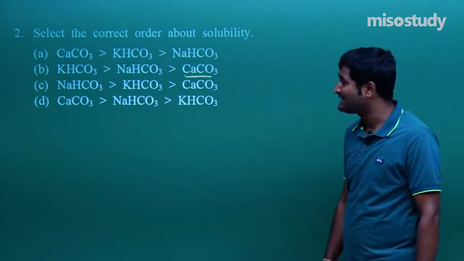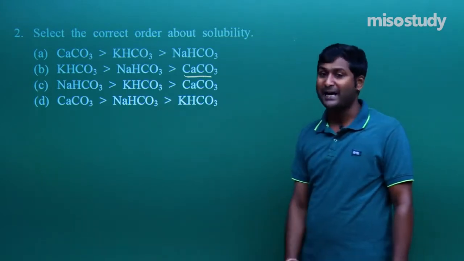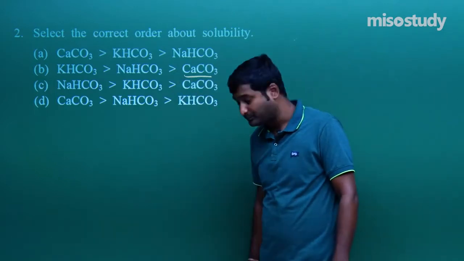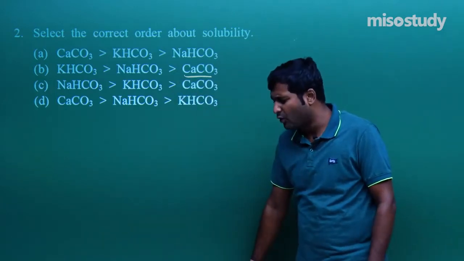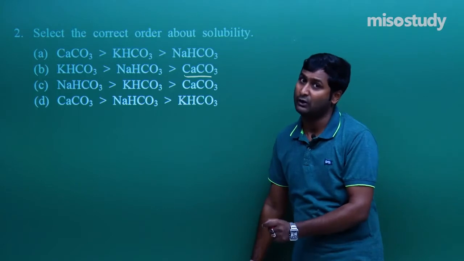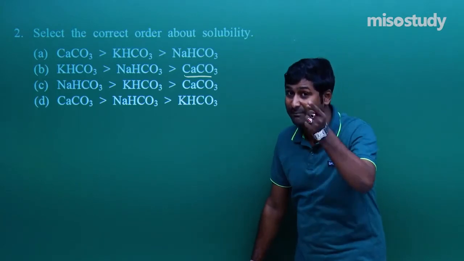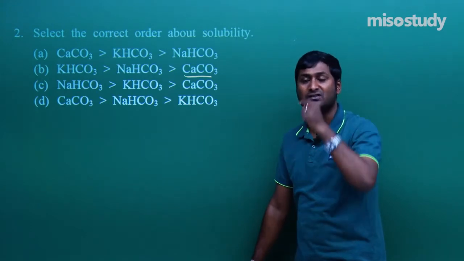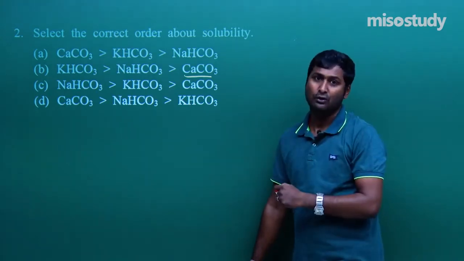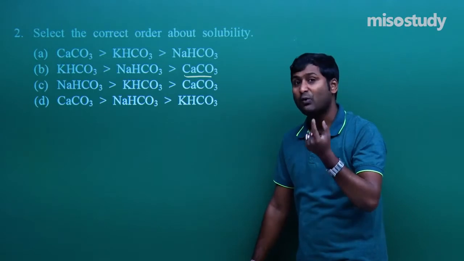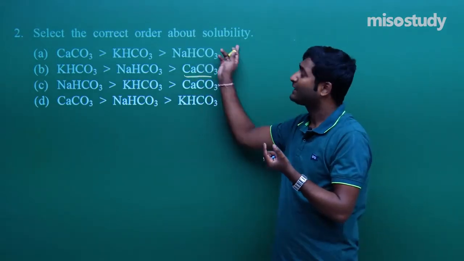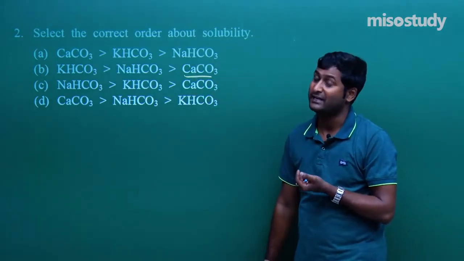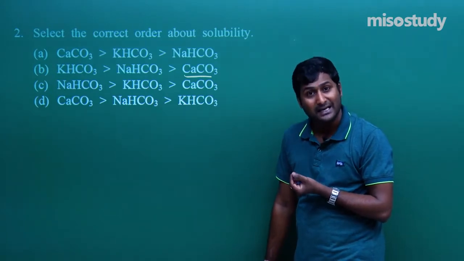Now the question arises, what about the bicarbonate of alkali metal? As we know, as we move down the group, from lithium to rubidium, cesium, the solubility of the bicarbonate increases.